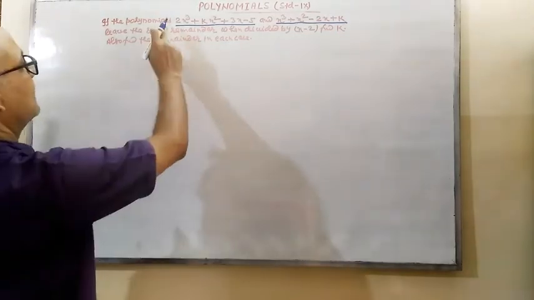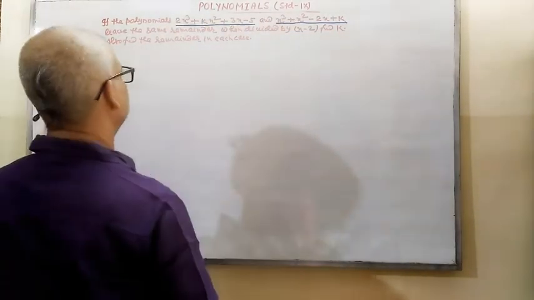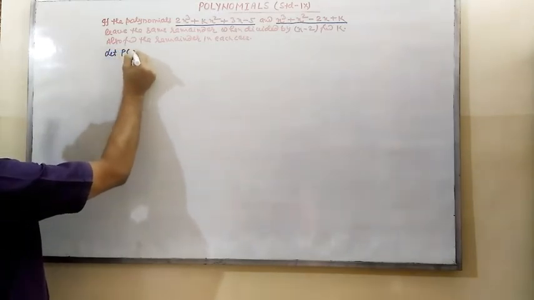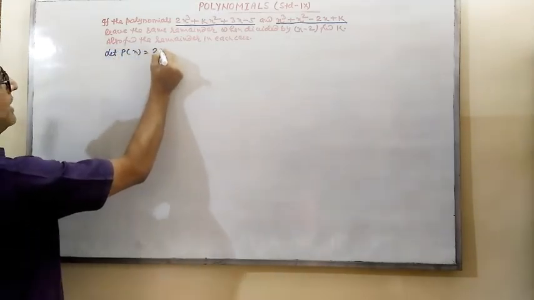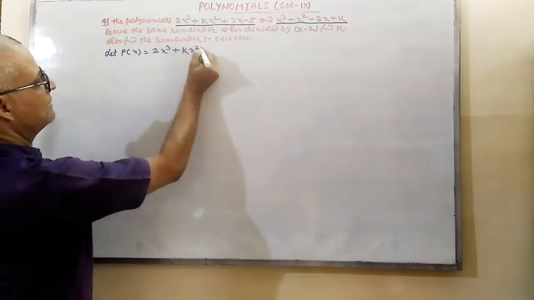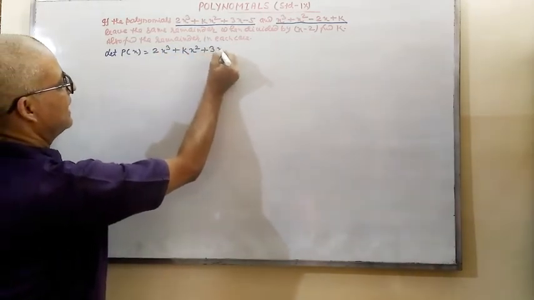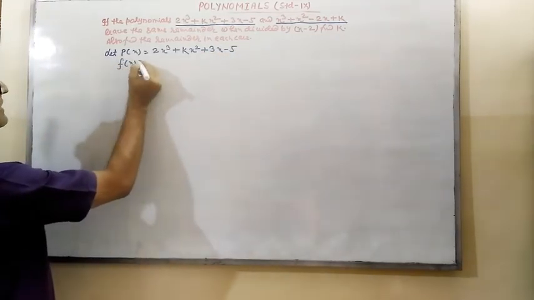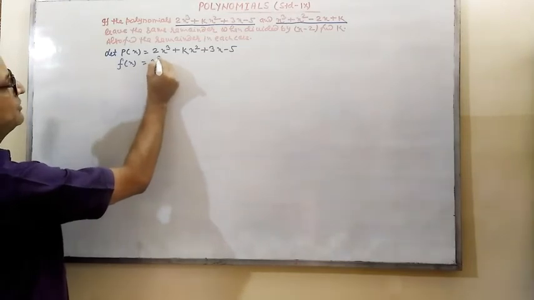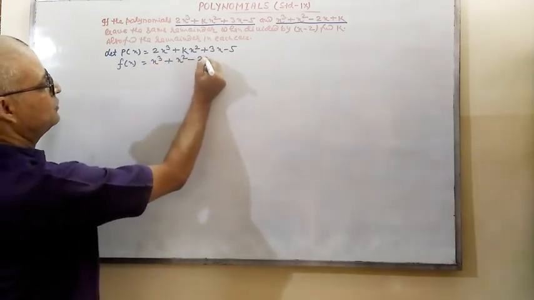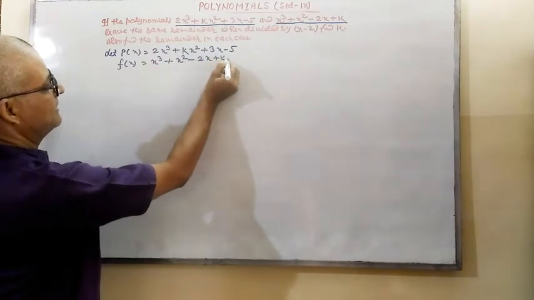Here again the name of the polynomial is not given, so let p(x) is equal to 2x cube plus kx square plus 3x minus 5, and the second polynomial f(x) is equal to x cube plus x square minus 2x plus k.